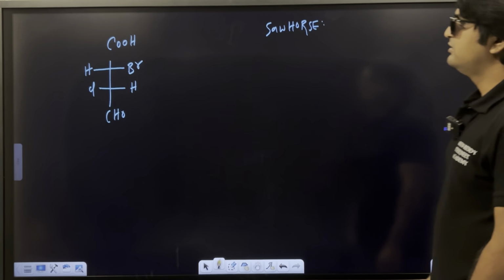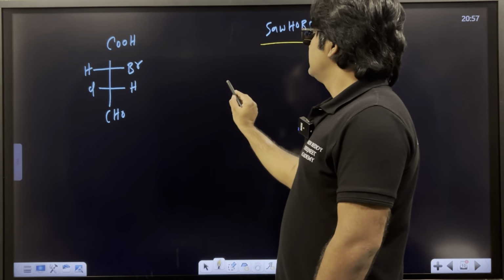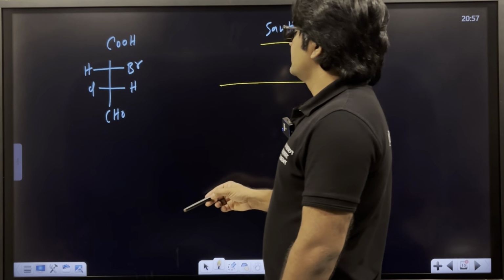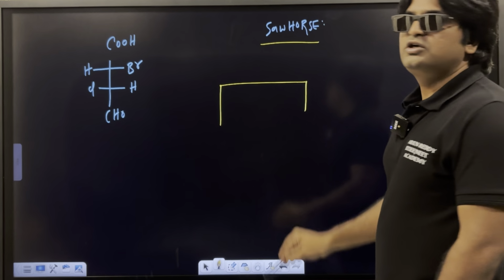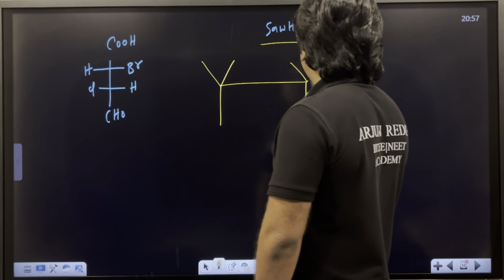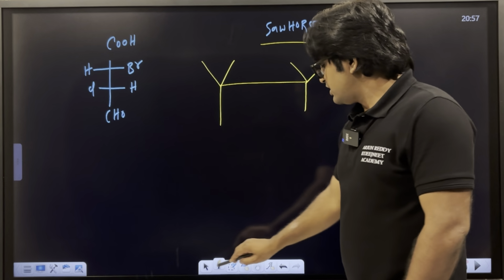Come to next example. Fischer given. Again they are asking for Sawhorse. Same thing. You can write like this also, no problem. In Sawhorse form, if you are converting from Fischer to Sawhorse or Fischer to Newman, it should always be eclipsed form. That's why I am taking parallel lines. Downside.